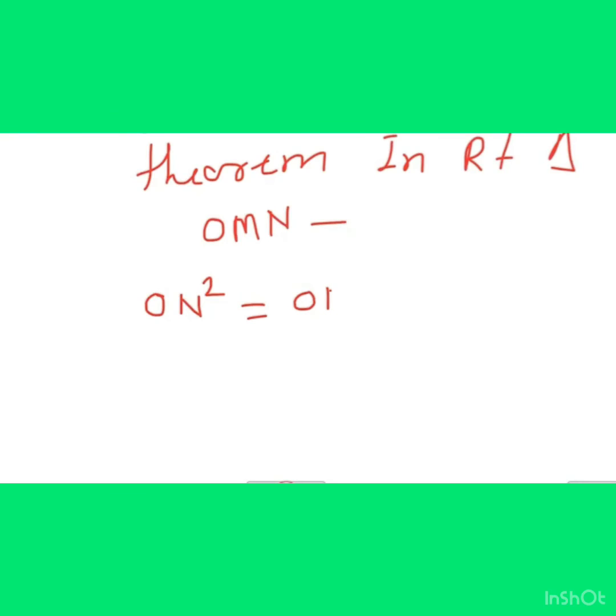This is the hypotenuse, and then ON square is OM square plus MN square. You can see that OM, this is under root 2.